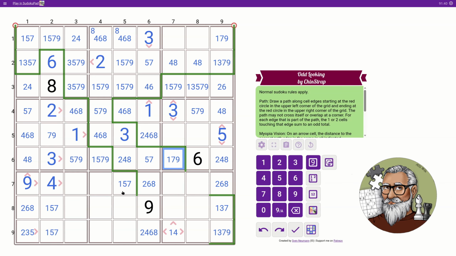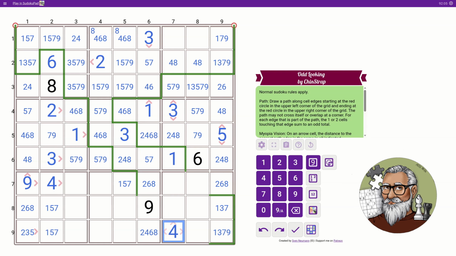Oh, I didn't do this one. Yeah. 7, 9. Oh, this is the only place for a 1. That gives me 1. That's not 1. Well, it wasn't to start with.